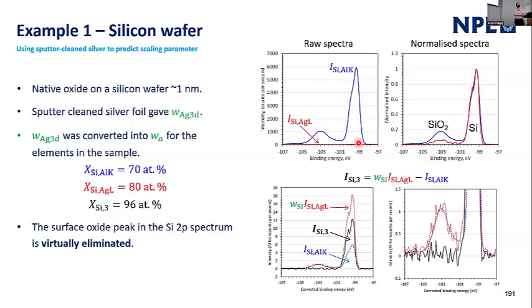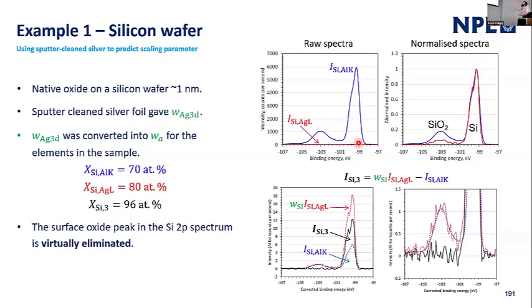That's because the photon flux from the silver anode is a factor of hundreds less than the aluminium. And so that's why you need to apply that scaling factor, to basically increase that silver intensity. If you normalize the spectra, then you can see the difference in the depth distribution.